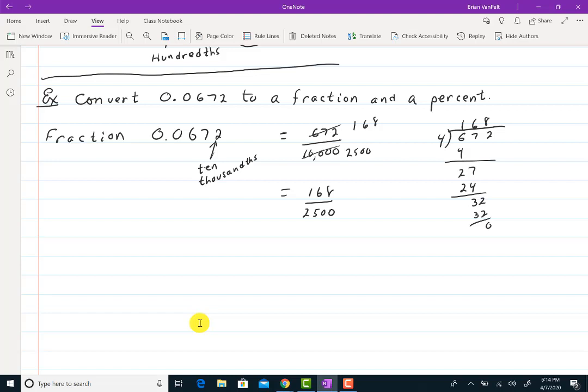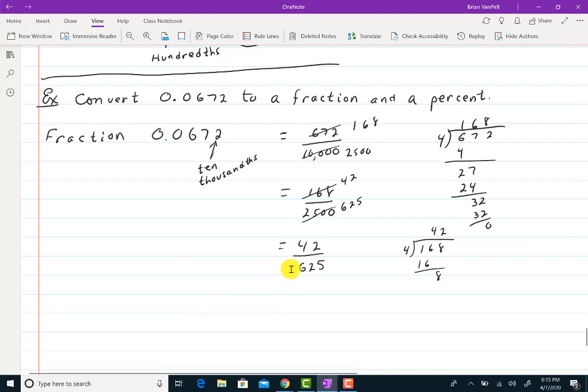Well, I can see that 4 is still going to go into these numbers. 4 will go into 168 again. Let's see, so 4 into 168. It goes into 16 4 times. Bring down the 8 twice. So I'm going to have a 42 there. And 4 into 2,500 is 625. So I get 42 divided by 625.